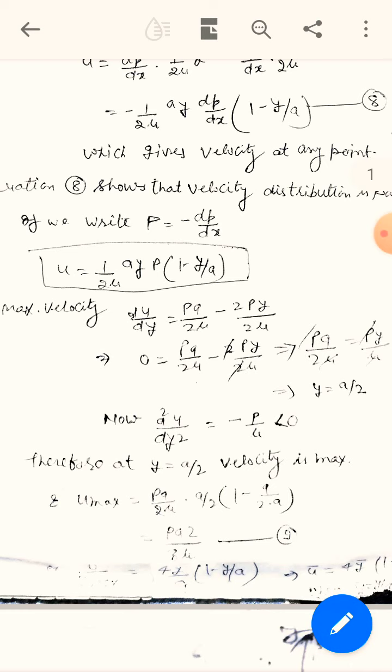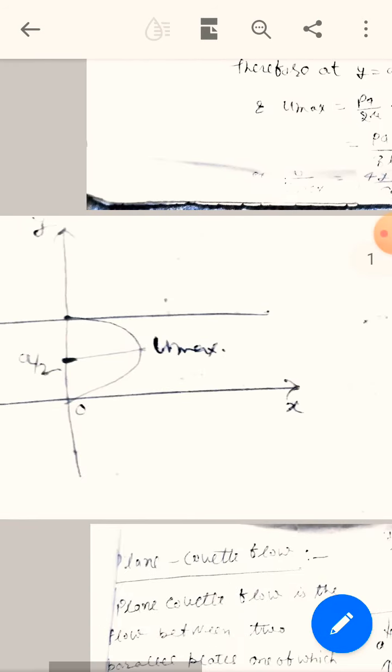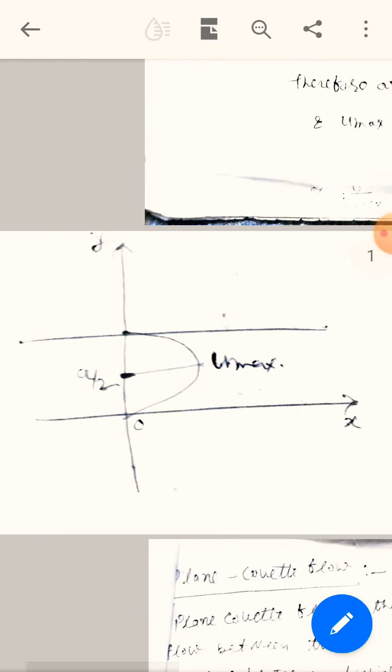In non-dimensional form, we can write it as u bar is equal to 4 y bar into 1 minus y bar, where u bar is equal to u upon u maximum, a non-dimensional parameter, and y bar is y upon a, the non-dimensional distance parameter. In the diagram, the velocity at y is equal to 0 is 0, at a by 2 the velocity is maximum, and then again it becomes 0 when y is equal to a.